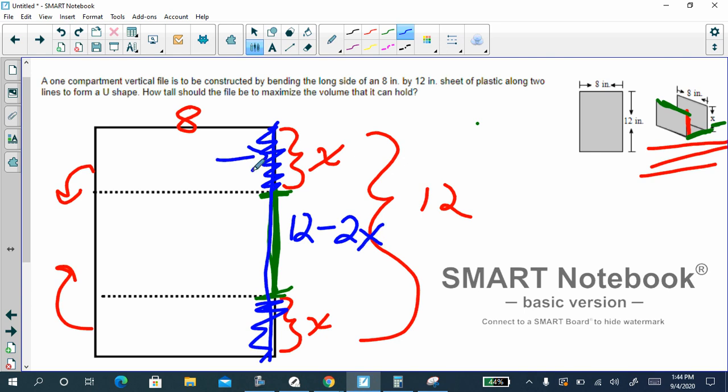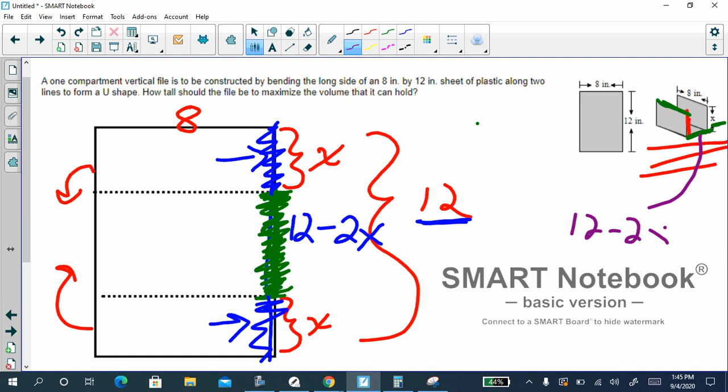This distance and that distance combined makes 2 x's. We're taking that away from the whole distance, and that gives us what's left over. The whole minus what we're not counting tells us that part. So that distance we would describe as 12 minus 2x.